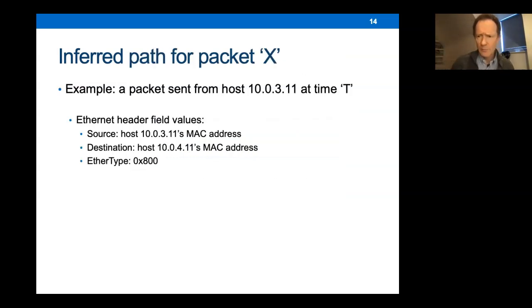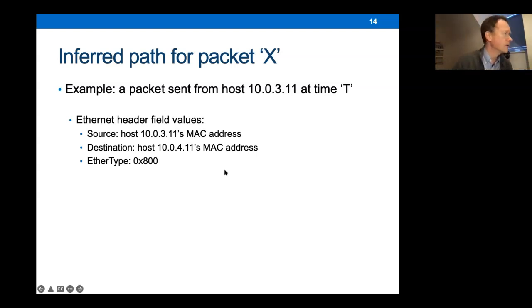I gave an example of the kind of query the DCN operator might have, looking to find out what path a packet followed, or would have followed if it was sent on the network from some source and intended for some destination at a specific point in time.